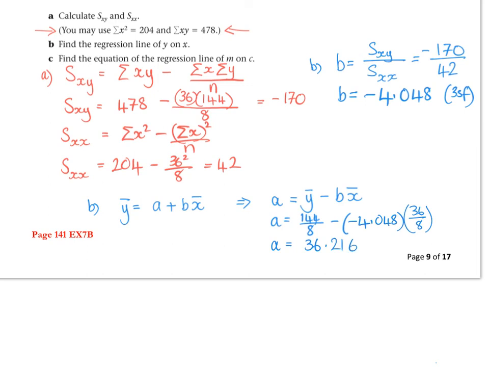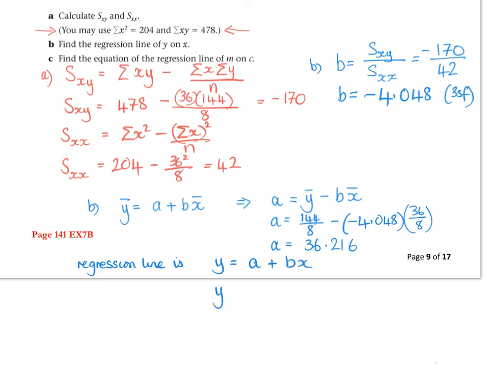You want to make it as big as possible. It doesn't really, don't do the full display of the calculator is what I'm saying. So the regression line is y equals a plus bx.